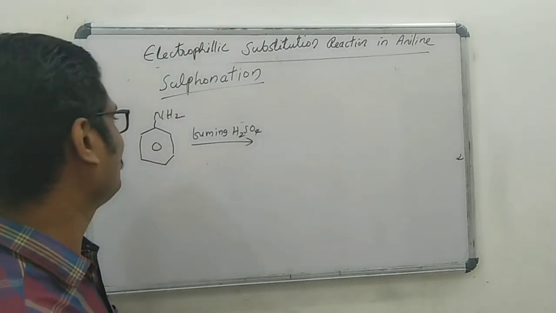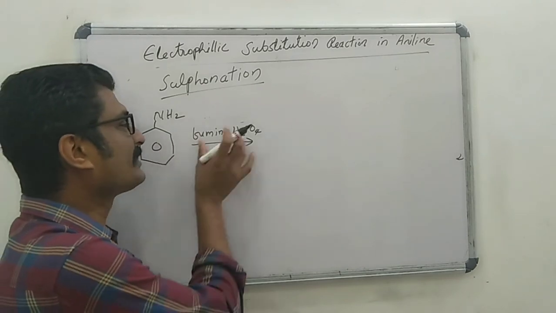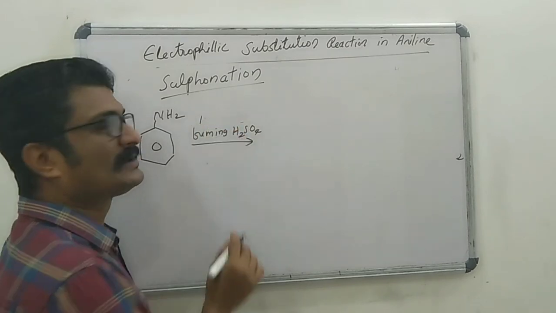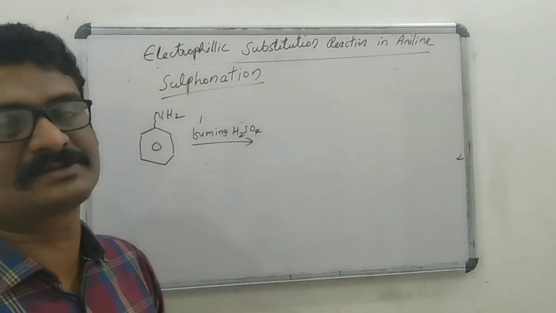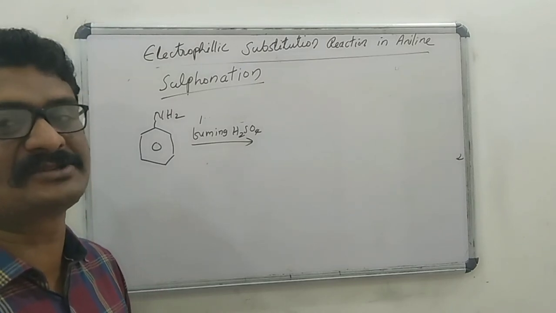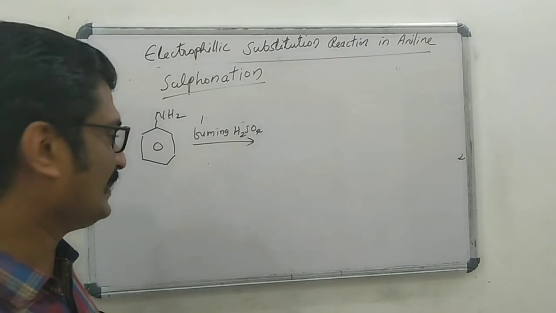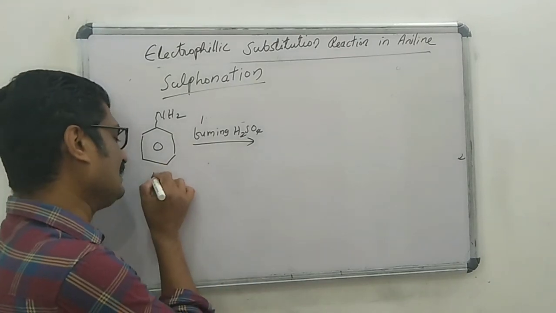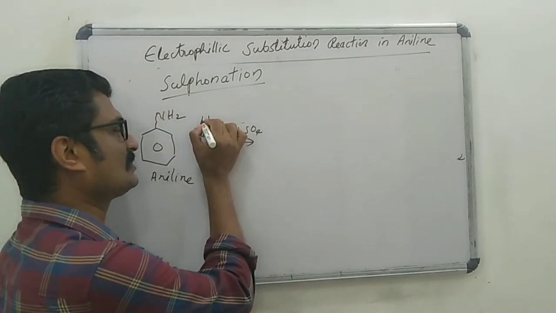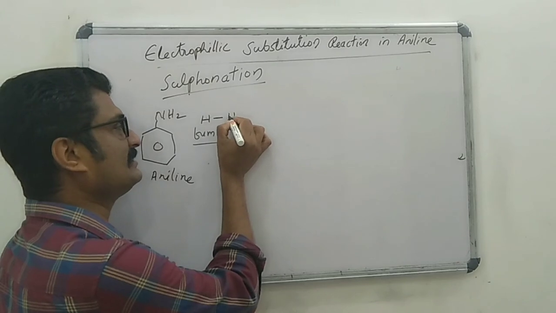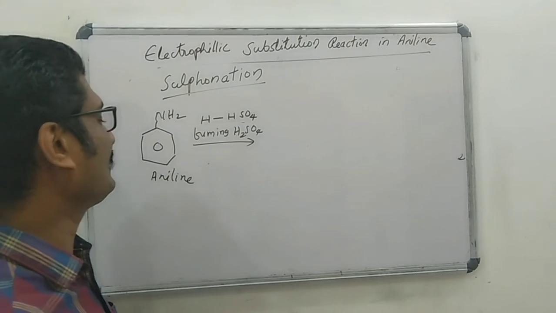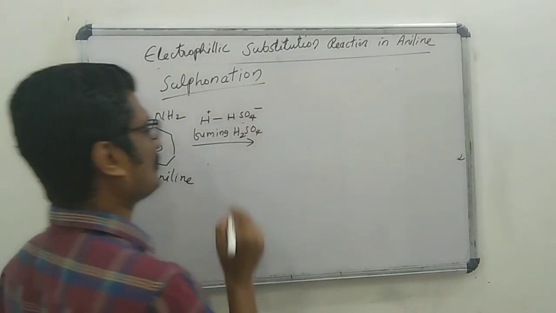Please listen. When aniline is treated with fuming sulfuric acid, it forms a product called anilinium hydrogen sulfate. We can write the structure of sulfuric acid like this, H2SO4, H plus HSO4 minus.